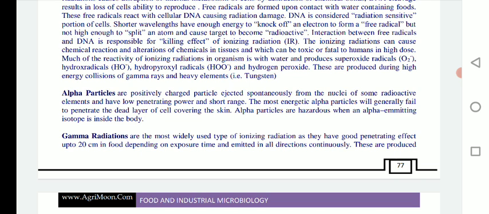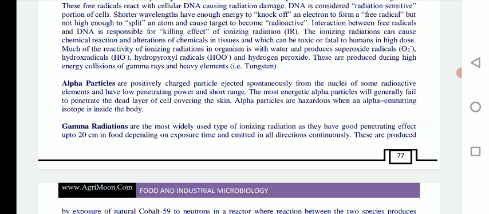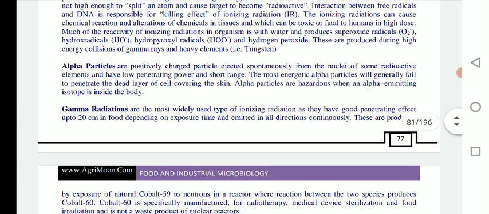Basically, in the case of a microorganism, these radiations react with the water present in it, which we know is present in the form of cytoplasm or protoplasm. Once the radiation alters the water molecule, it produces free superoxide radicals, and these radicals are toxic for that particular microbial cell.